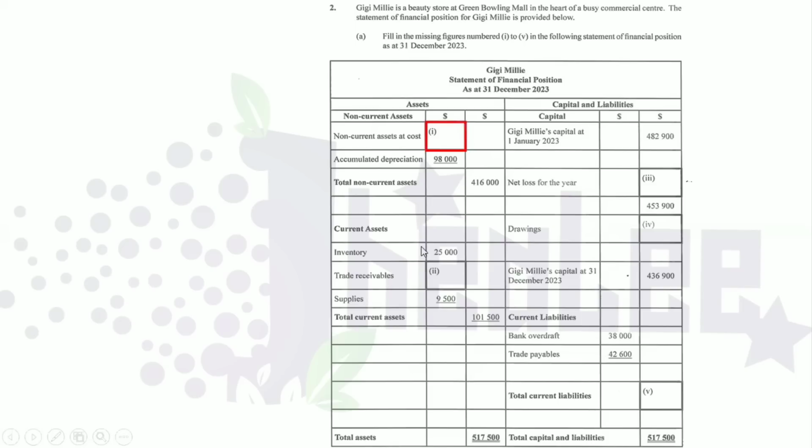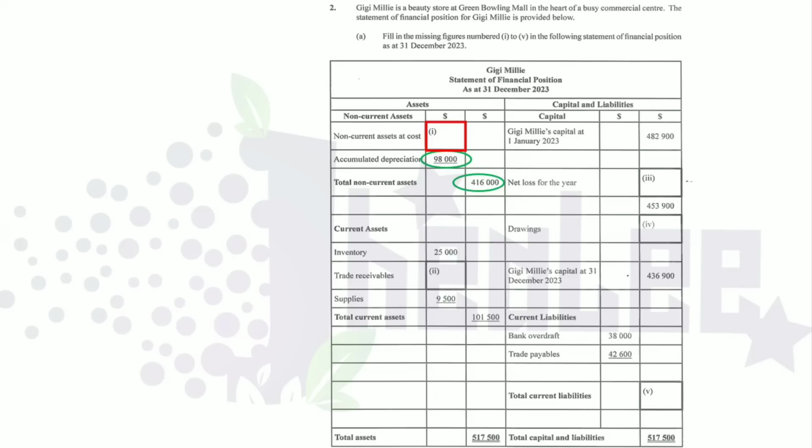Now, what do we have available? We have the accumulated depreciation and the total for the non-current assets. Remember, non-current assets are the same as fixed assets. That's the alternative term. If we have the total non-current asset and the accumulated depreciation value, how do we ascertain the non-current asset at cost?